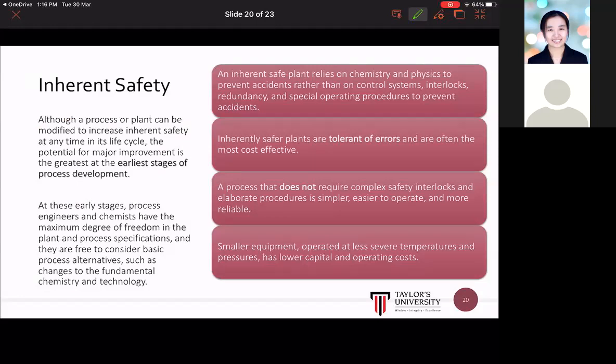Inherent safety is where we review every process, every stage of the chemical hazards and risks in the plant, and see what we can do and what we cannot.